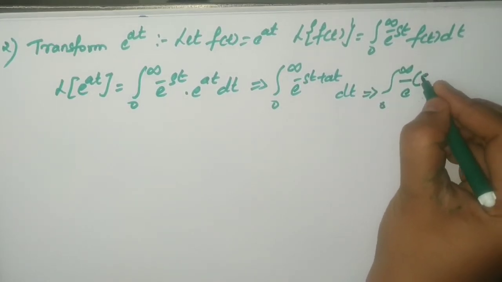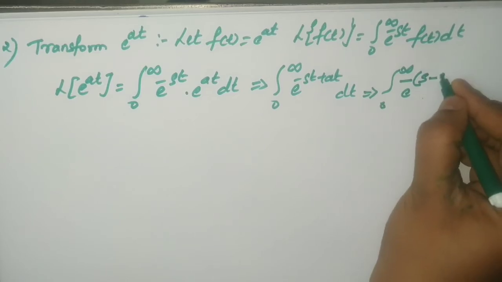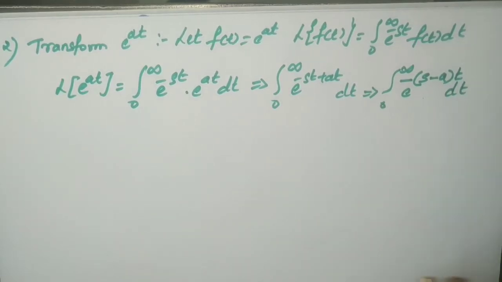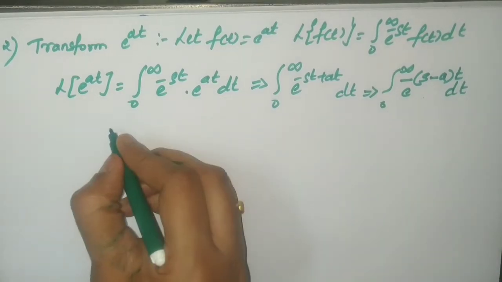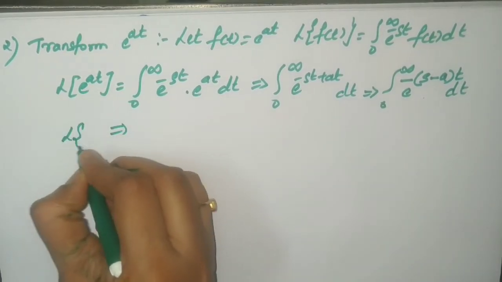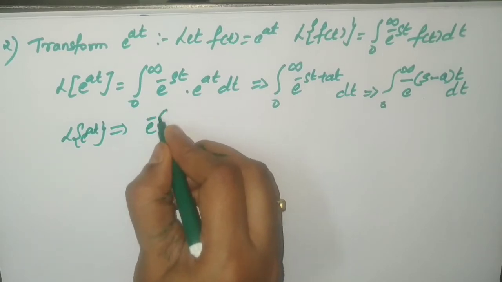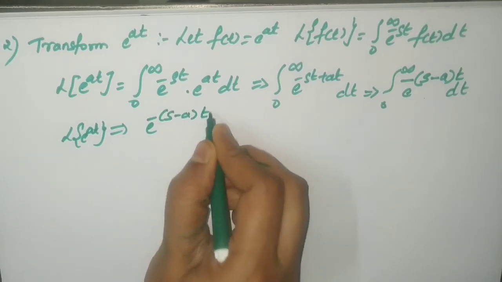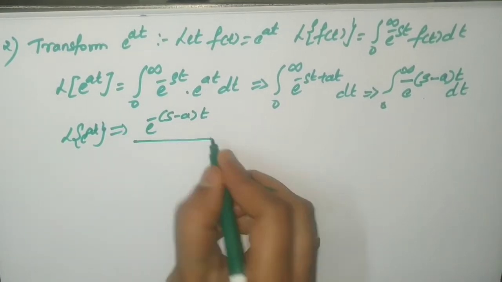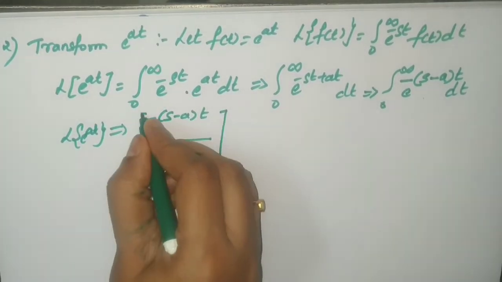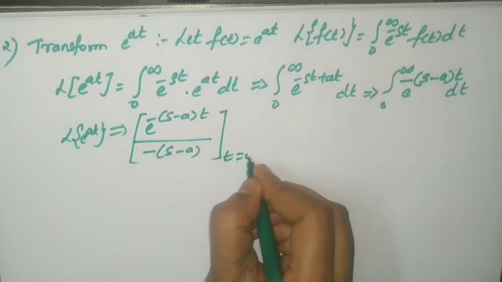By doing so, s becomes positive, a becomes negative, and t is taken common outside, dt. Now we can integrate. So Laplace of e power at has e power minus of s minus a t. Here your constant is minus of s minus a. Apply the limit from 0 to infinity.